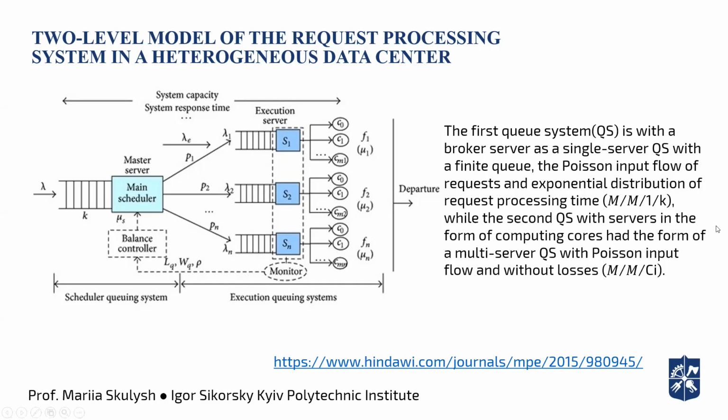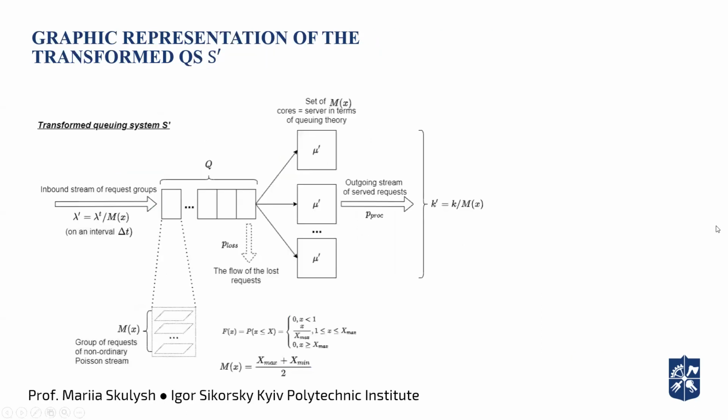So it's different for each. This is a graphic representation of the transformed QS. It is transformed because it can be managed.